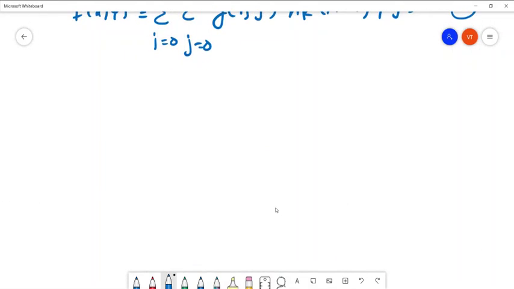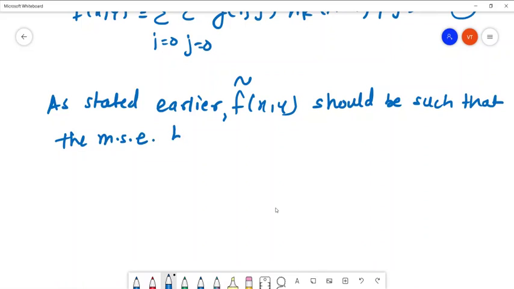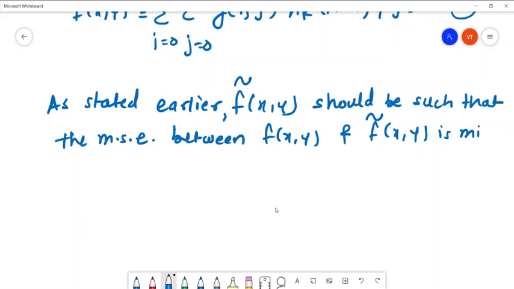So as stated earlier, f tilde xy should be such that the mean squared error between f xy and f tilde xy is minimum.